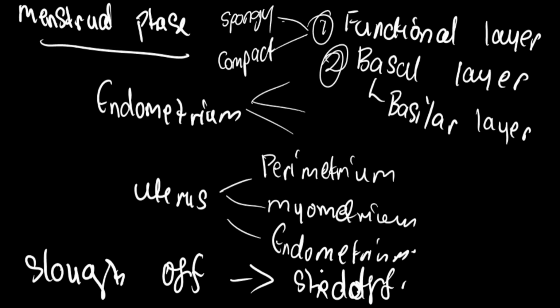Also, very importantly, it's good for us to take note of the fact that the first day of menstruation is the beginning of the menstrual cycle, and this menstrual phase, which we are considering, lasts for about 4 to 5 days on average.